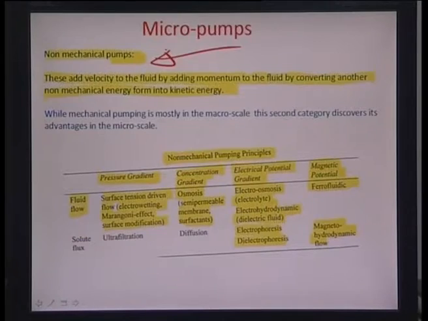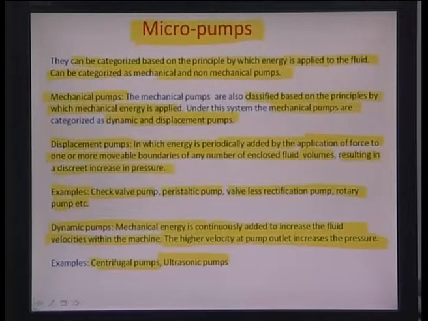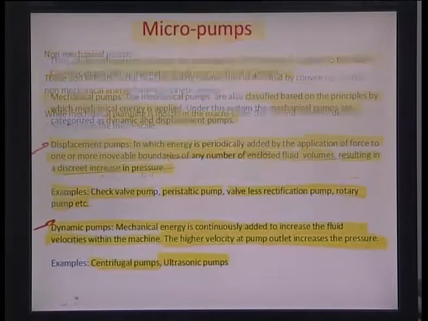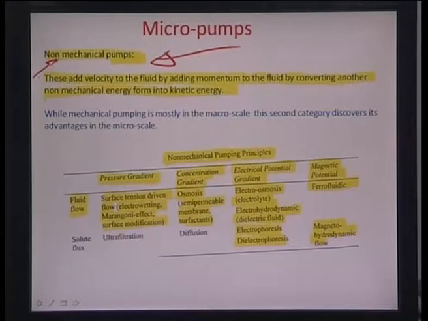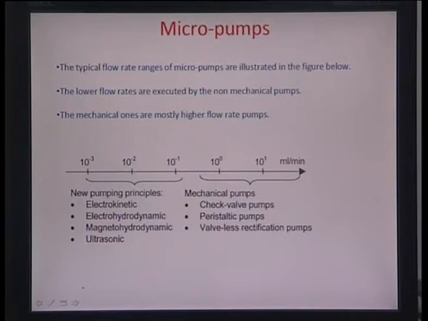The magnetic assembly is moved back and forth by using external magnets sequentially fired in a manner so that they can move the magnetic plug back and forth. So, these are some of the non-mechanical bases of micro pumps. You have now categorized pumps into displacement types and dynamic types, which are the two mechanical kinds of pumps, and then several other non-mechanical pumps based on varied pumping principles.